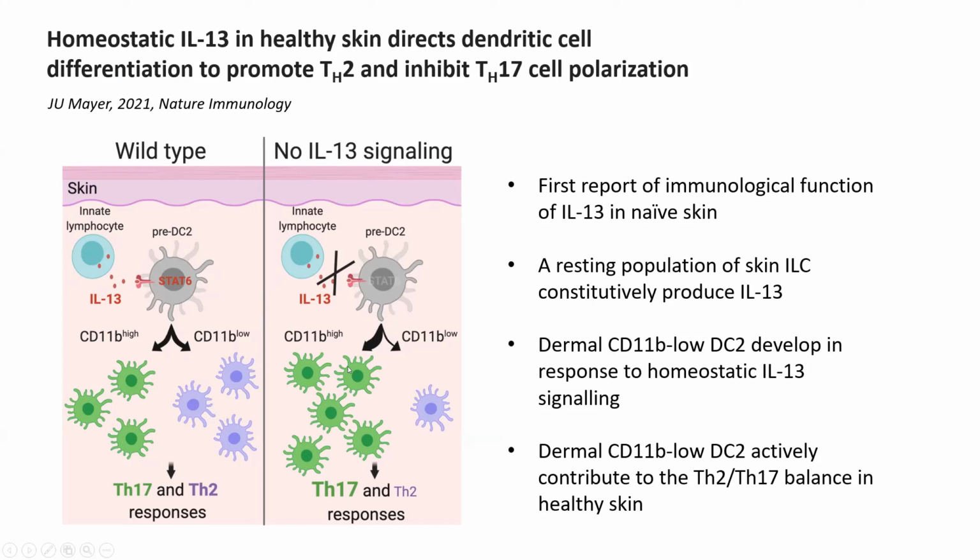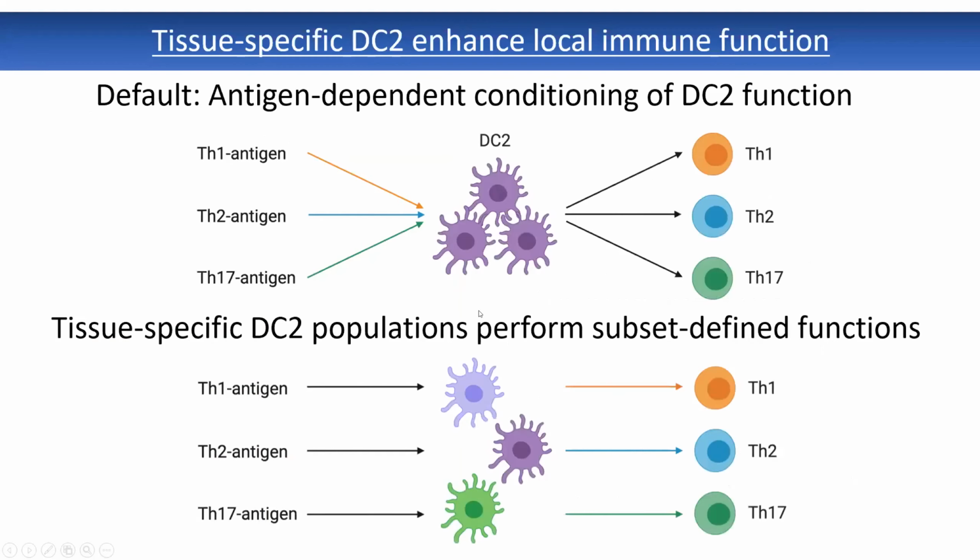And when any of these pathways are blocked, you get a strong reduction in the CD11b-low DC2 development, which then leads to reduced Th2 responses and an increased Th17 immunity and a dysregulated balance within the skin.